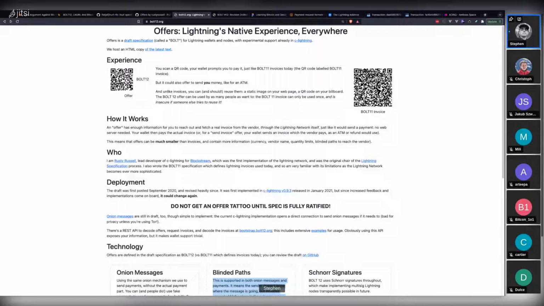Then I saw somebody say in a tweet that yes, you could, but at that point you would have ended up creating something kind of like blinded paths. I leave that to the Lightning implementation developers to debate amongst themselves. I know there's been some debate about it.